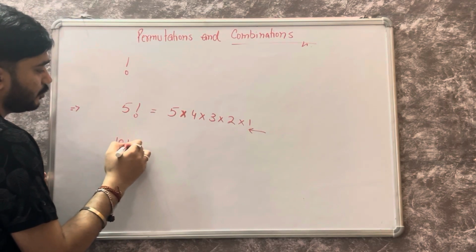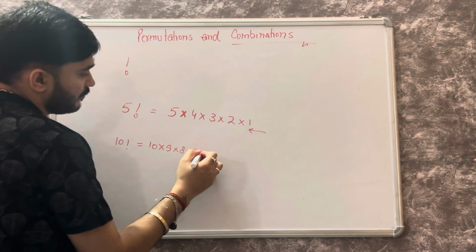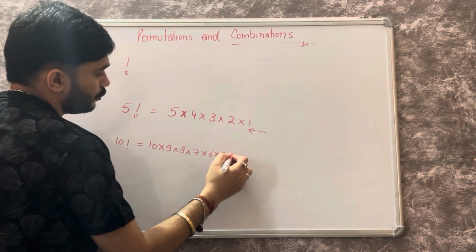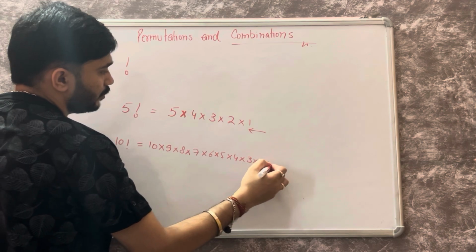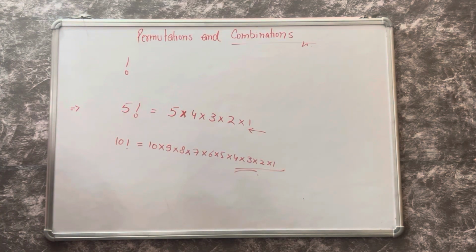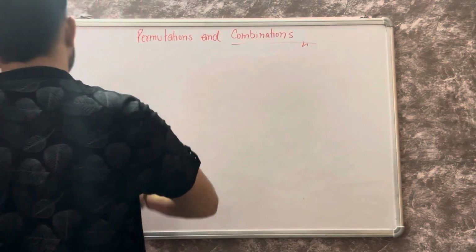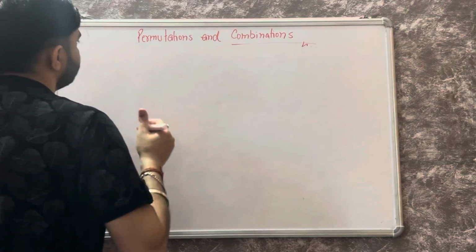It means 10 factorial is 10 into 9 into 8 into 7 into 6 into 5 into 4 into 3 into 2 into 1. This is the meaning of factorial. Any doubt?